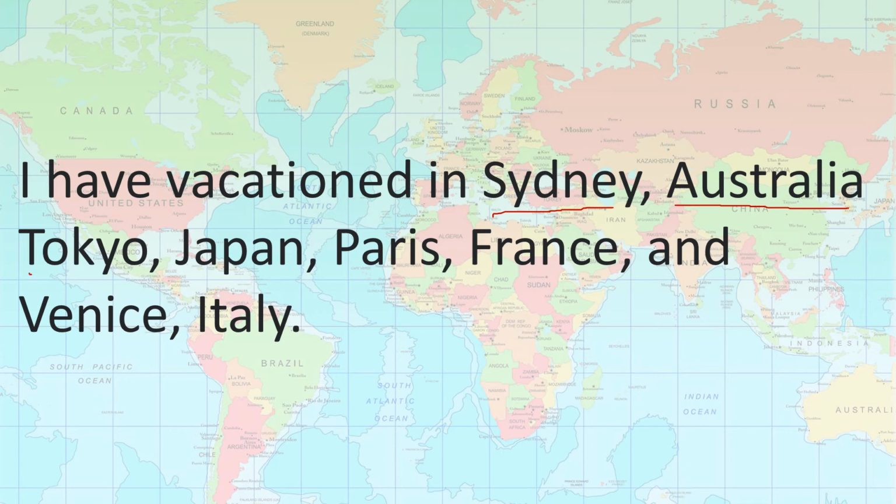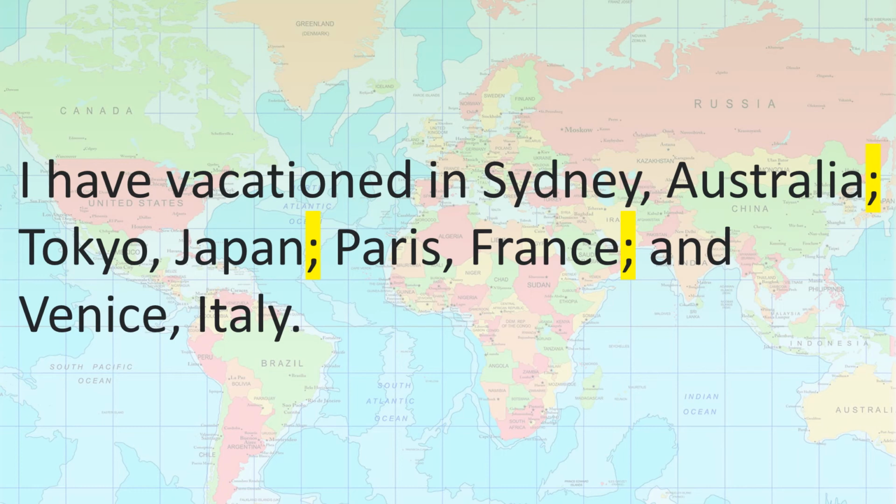The same goes for Tokyo in Japan, and Paris in France. Whenever we have items like this that are joined by a comma, but they mean one thing, it can be confusing. I read it as Sydney, Australia, Tokyo, Japan, Paris, France. I'm going to show you how semicolons can be used to make this sentence flow the way that it should.